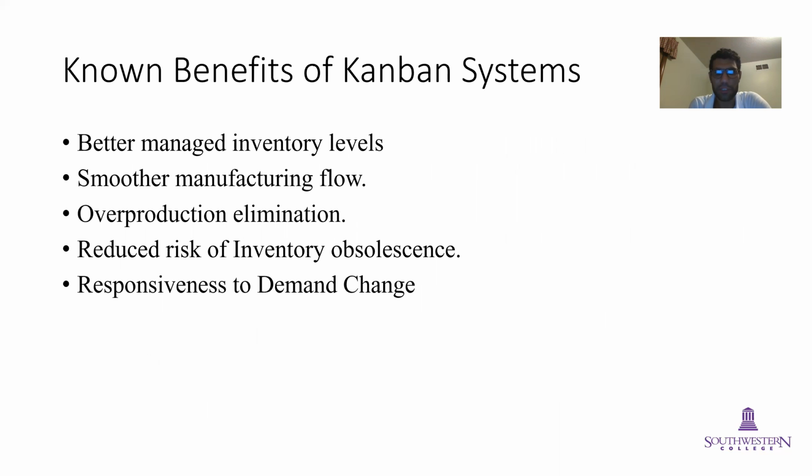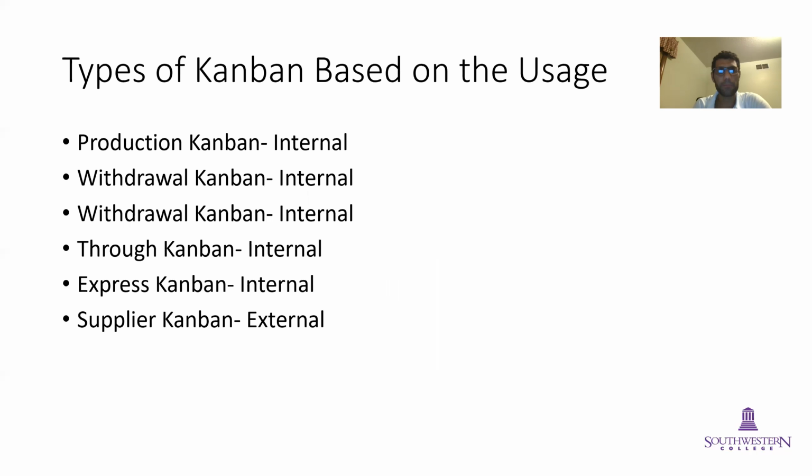You reduce the risk of inventory obsolescence, and also your responsiveness to demand change is much greater than traditional systems, because you're always working with a small amount of inventory. So if something is going to change, it's much easier to deal with a small amount of inventory versus really large amounts of either finished goods, work in process, or raw material, whatever the case could be.